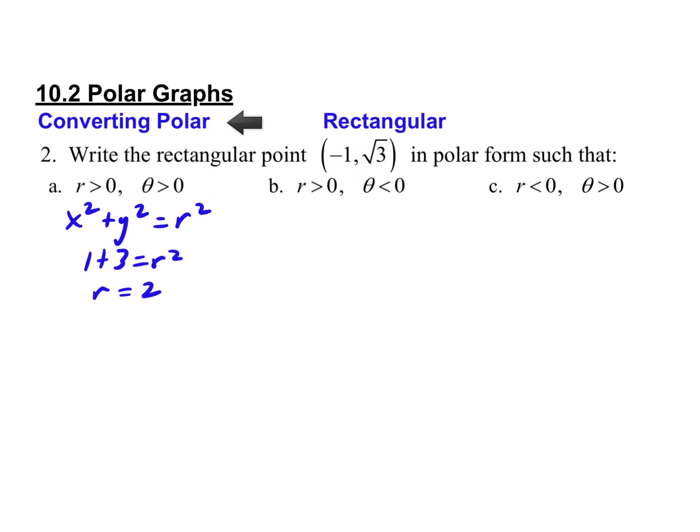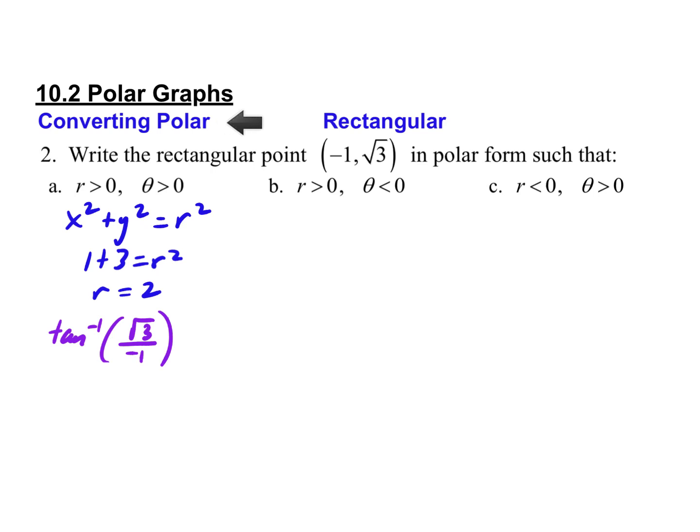Could you use cosine and sine? Sure you could, because we know that r is 2. But let's pretend we might have made a mistake, so we use the information they gave us. To find theta, we do the inverse tangent, or arctangent, of 3 over -1, and that will give us our angle.